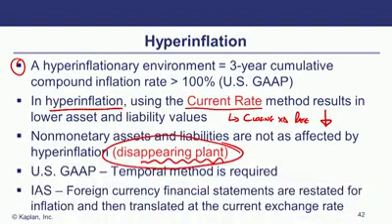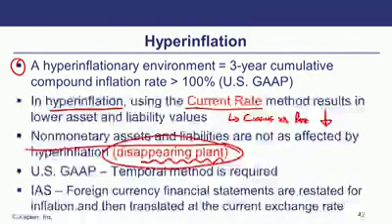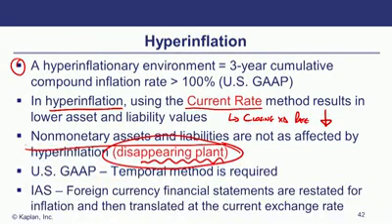Non-monetary assets and liabilities at historic rates will appear to get very, very small when you convert them, because you're converting a historic cost in the balance sheet and you're applying an exchange rate that's rapidly devalued.